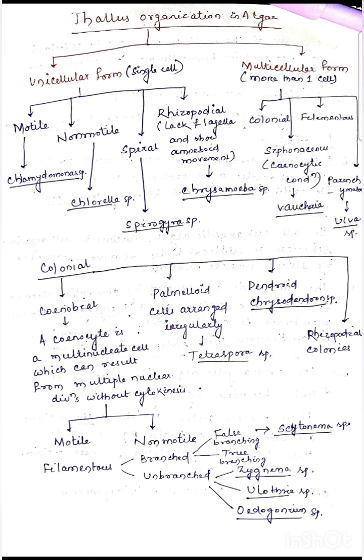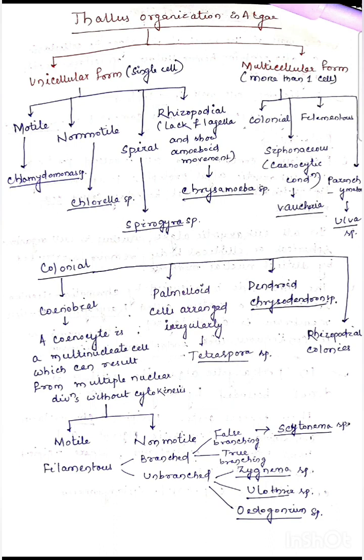They may be siphonaceous or coenocytic condition, as seen in Vaucheria, where one cell has many nuclei. Then they may be filamentous or parenchymatous. Colonial may be coenobial or coenocytic, meaning a multinucleate cell.